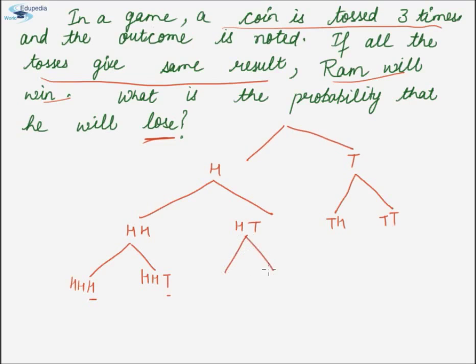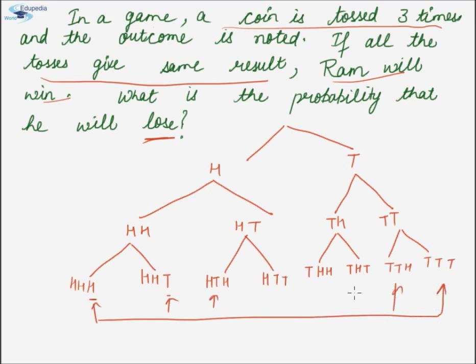Thus for this case the sequence will be head, tail and head, tail and tail. Here we can have tail, head and tail, head and tail. Similarly tail, tail, head and tail, tail and tail. So the total possible outcomes are 8.